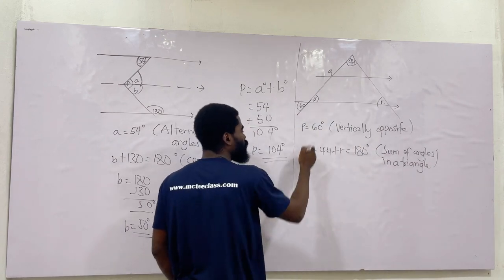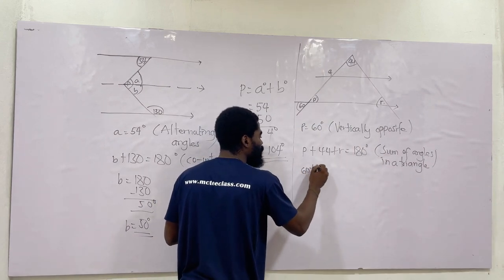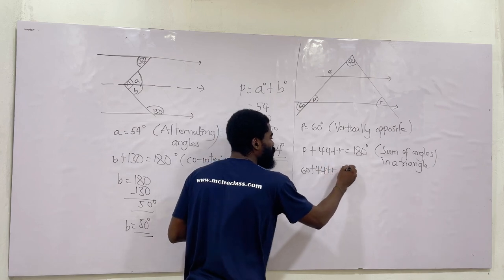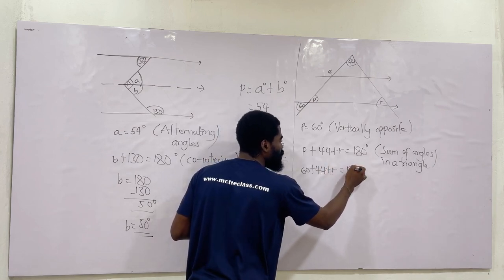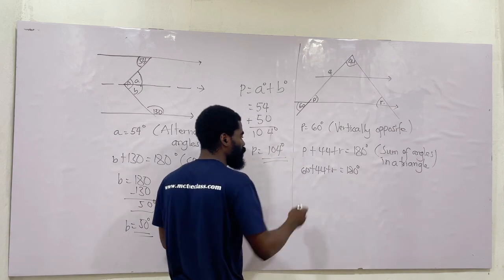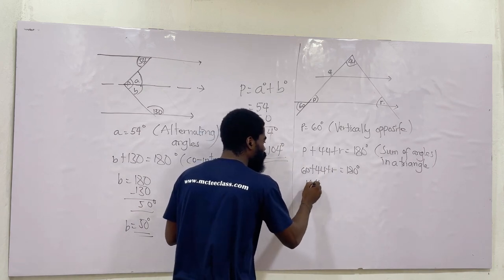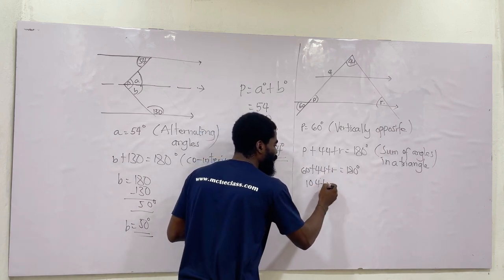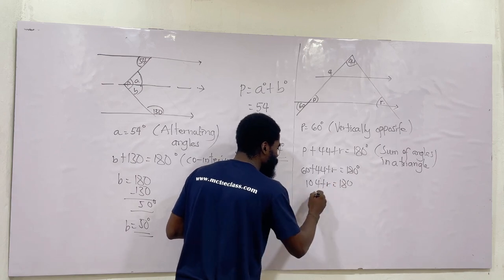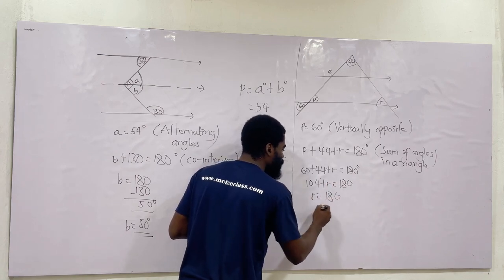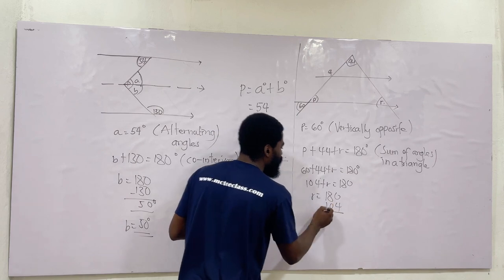Good. But we know P equals 60. So I have 60 plus 44 plus R equals 180 degrees. When I add this, I get 104. So 104 plus R equals 180. So R equals 180 minus 104 degrees.